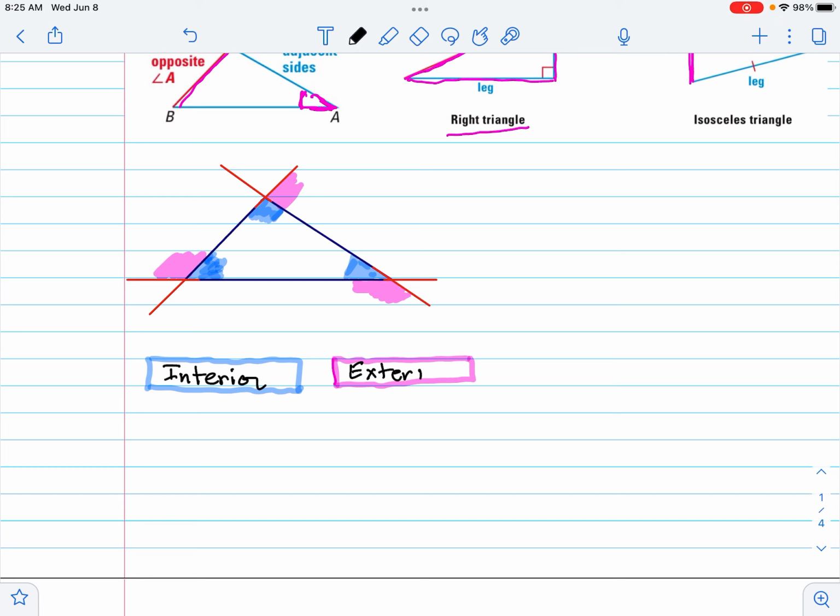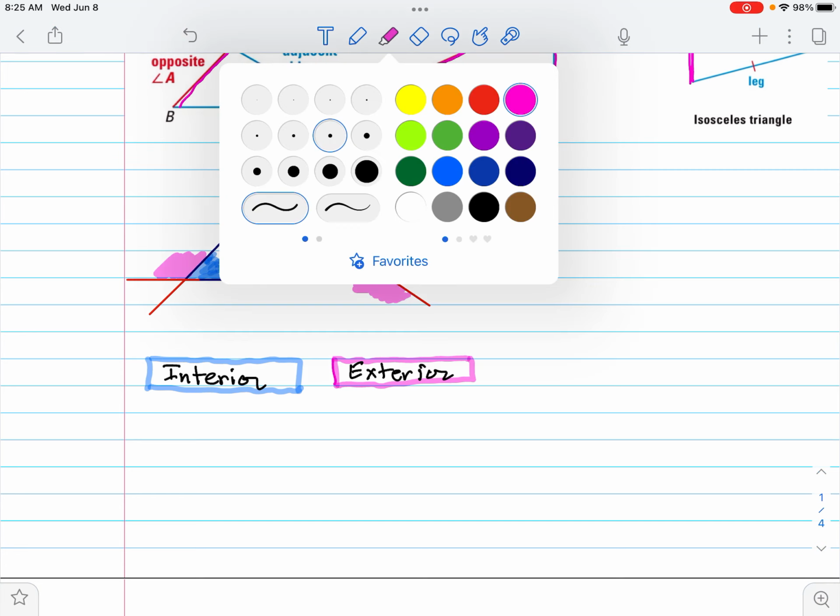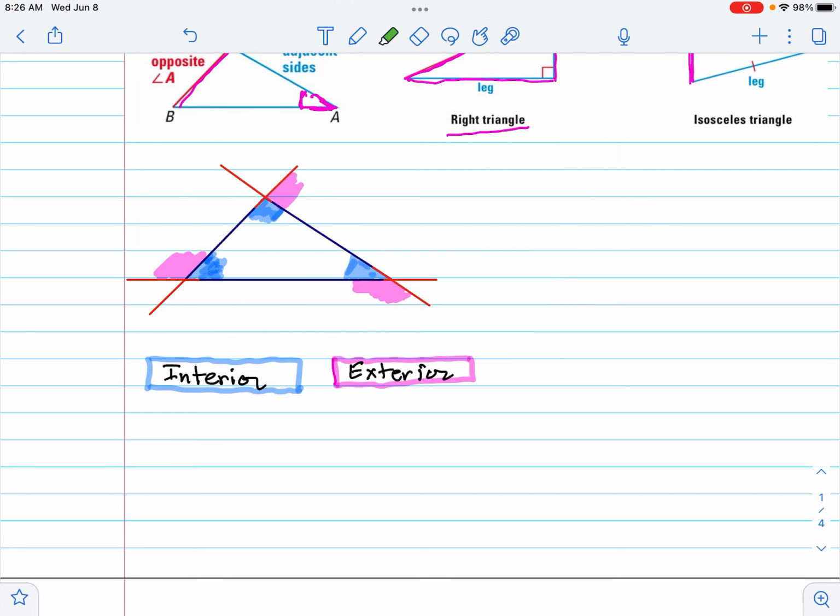Now, notice that the way I get these exterior angles is I extend out a side. Think about it: what if I just took this side right here and extended it out like that? You notice what I get: I get this angle.